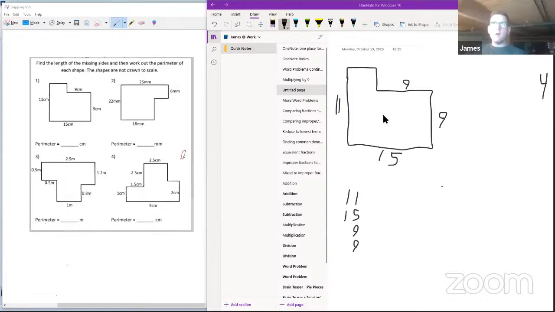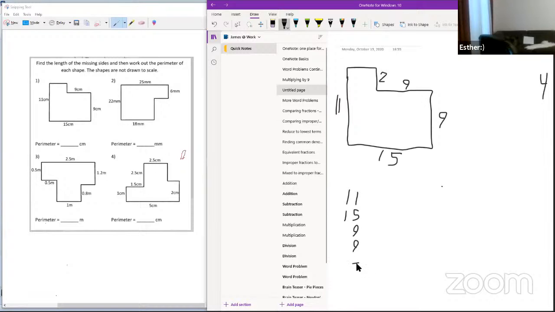All right, well, I'll keep going through this. So this side up here, the way to find it is it's going to be 11 minus 9. That equals 2. Like this. And this side is going to be 15 minus 9.